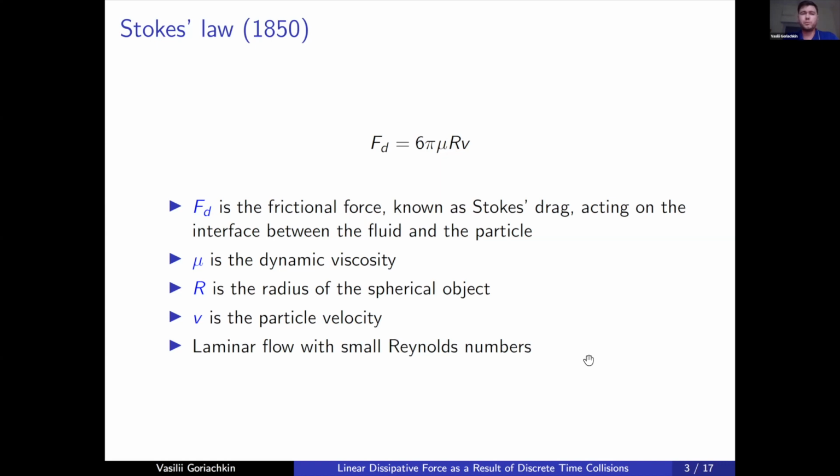For example, it could depend on the square of the velocity, not only linearly. For example, if we move through air and our velocity is less than the speed of sound, then the drag force or friction force will be linear.